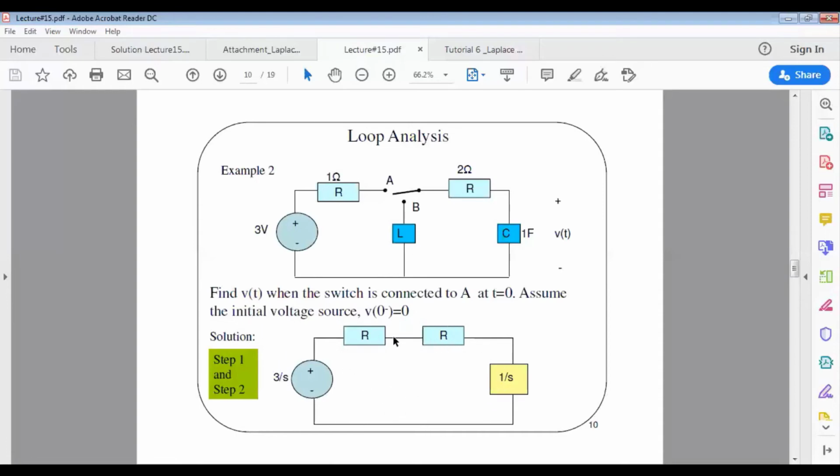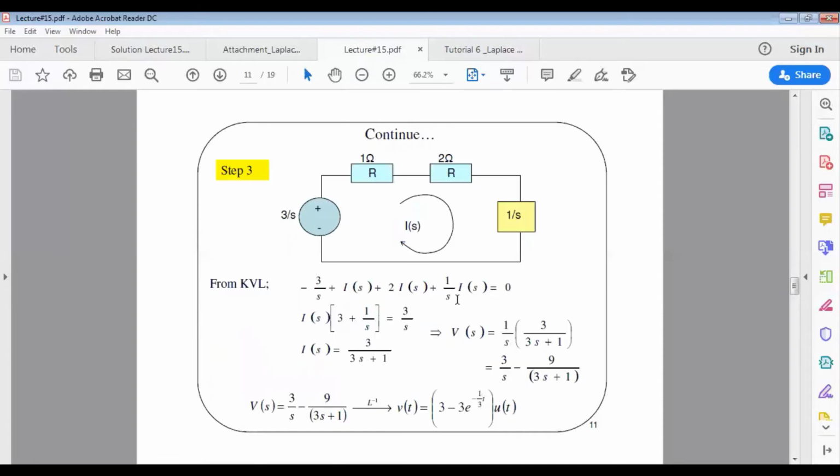Remember, you are requested to find v(t), which is the voltage across the capacitor. First, you need to find the current in the loop. That's why we have this transform circuit.